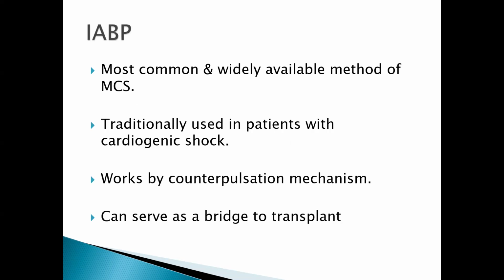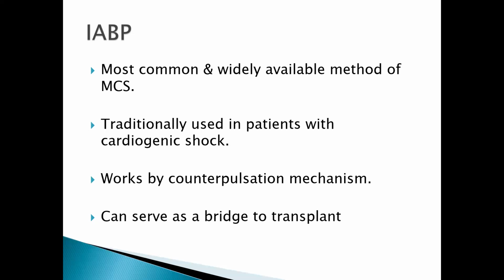So now, just to talk about one or two of these taken from each of the generations. The intra-aortic balloon pump, like we all know, is the most commonly and widely available method of mechanical circulatory support. It is traditionally used for patients who have cardiogenic shock.